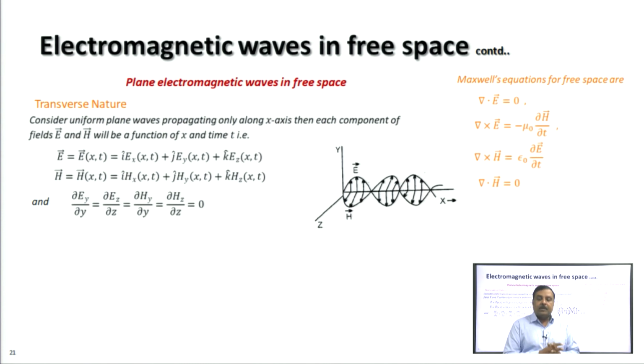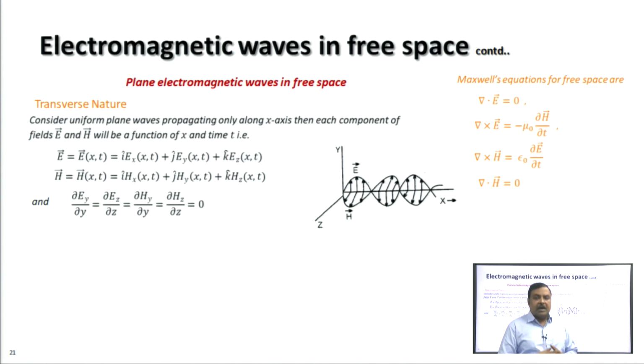So, let us understand the propagation of plane electromagnetic waves in free space. Let us understand the transverse nature of electromagnetic waves. Plane electromagnetic waves means let us consider the waves propagating along x axis only.